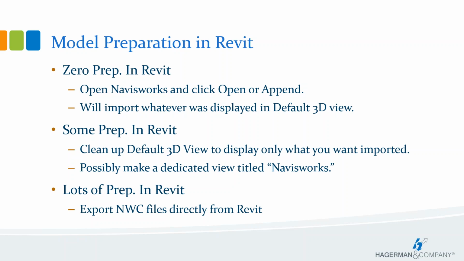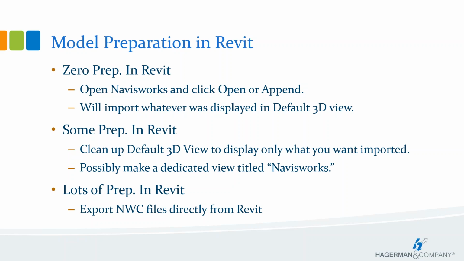Now, a lot of times, especially on larger projects or projects where you are not doing the Navis coordination in-house, you will probably be asked to provide NWC files of your model. You can actually export NWC files directly from Revit under the Add-ins tab, External Tools.